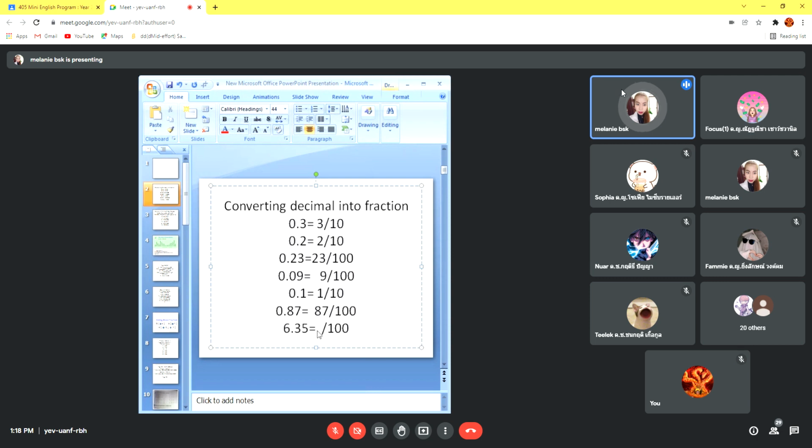This one has a whole number, so how are you going to write that one? 6 and 35 over 100. So 6 is the whole number, children.